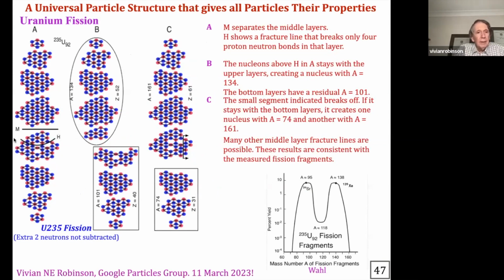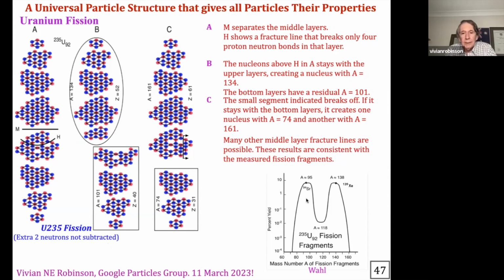If it splits along that line and this layer attaches to the upper layer, it'll give an atomic number, minding I haven't taken off the extra neutrons, of 134, and the bottom one will be left with an atomic number of 101.